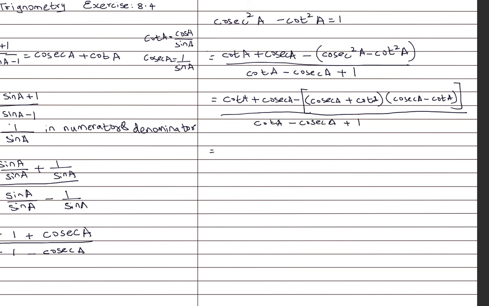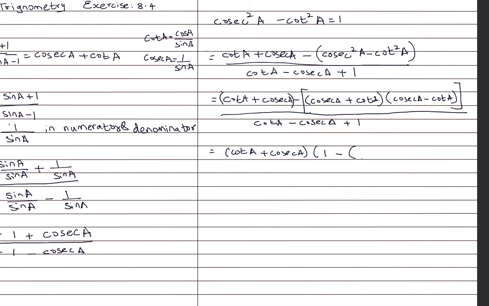Now I am going to simplify it further. Cot A plus cosecant A here, and here also cot A plus cosecant A. Both are common. So I am going to write the common things separately, in a bracket, cot A plus cosecant A. So this will be 1 minus, and then what is remaining?